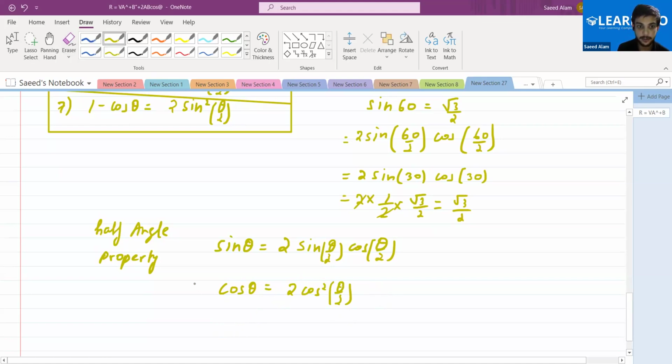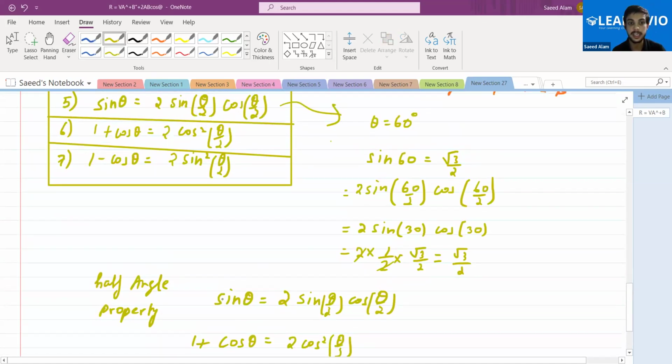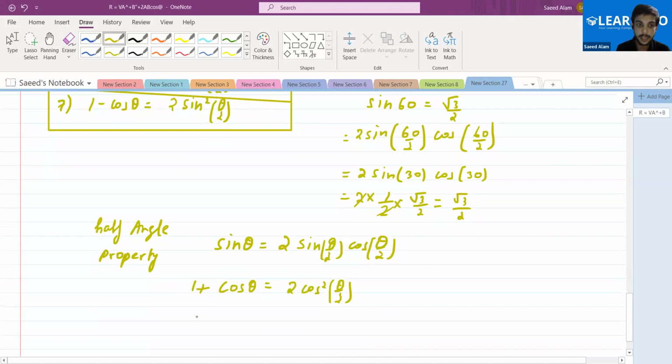Just write it in the reverse way, then you will be able to understand it. 1 plus cos theta equals 2 times cos square theta by 2, and 1 minus cos theta is nothing but 2 times sine square theta by 2. You can check that this is also true by putting the value 60 degree instead of theta.